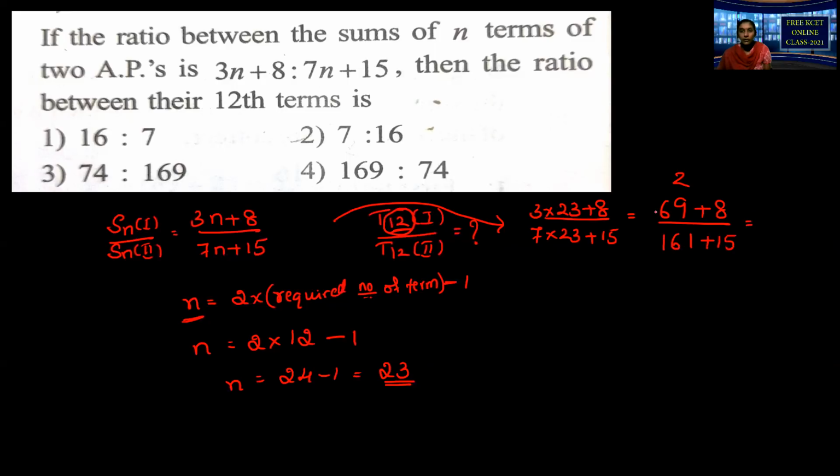So 69 plus 8 is 77 divided by 161 plus 15 is 176. Cancel with the 11 table: 11 7s are 77, divided by 11 1s are 11, 11 16s are 176. So option B is the correct answer. Understood?